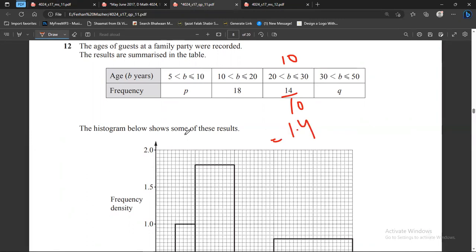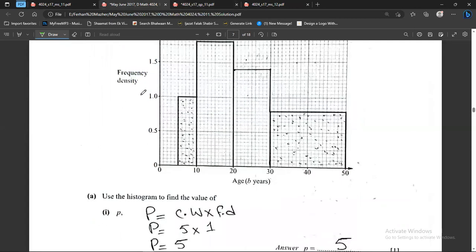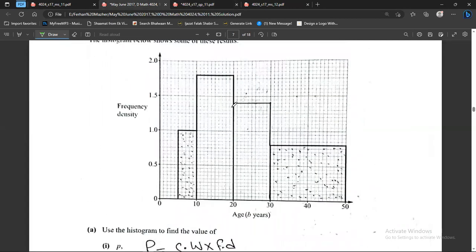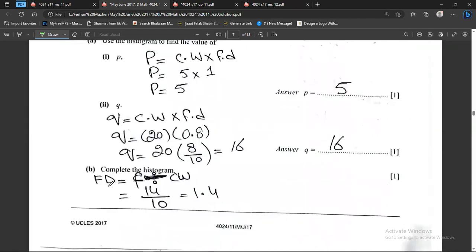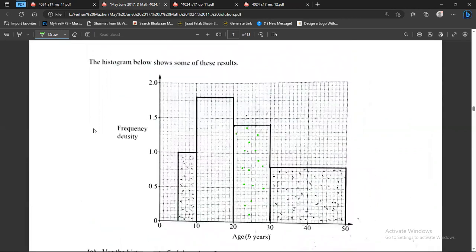Now we can plot it very easily from 20 to 30. It is 1.4, so this is the line. You can see I have drawn this. So this is how you will complete this. Okay, we are done with this.